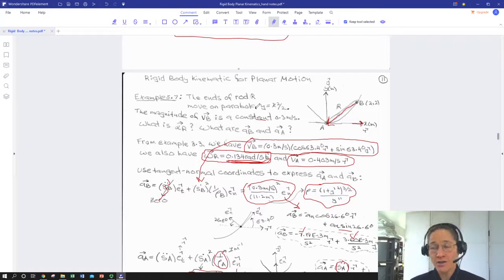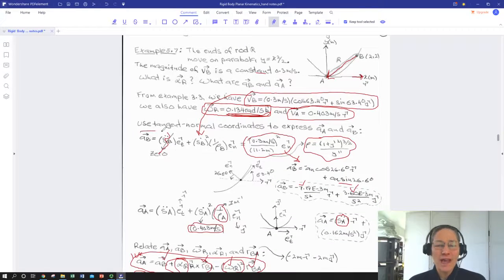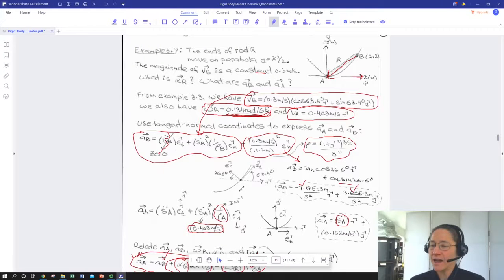We always have our expression relating acceleration at two points on a rigid body to each other via the angular velocity and acceleration of the rigid body with respect to a fixed reference system. But there's nothing wrong with pulling out our basic kinematics and using that to maybe solve for some unknowns or to shed insight that we need to create some expressions that will tell us what we need to know.